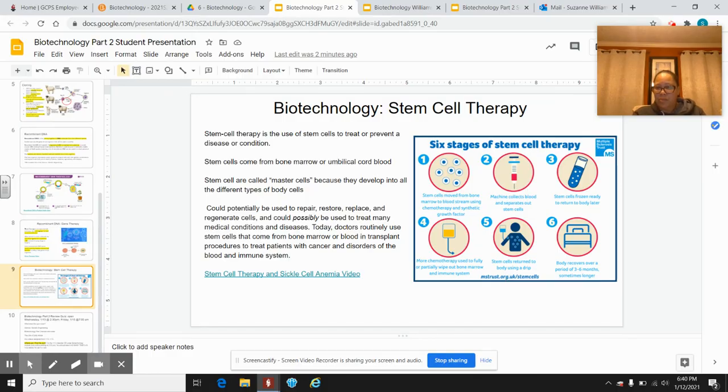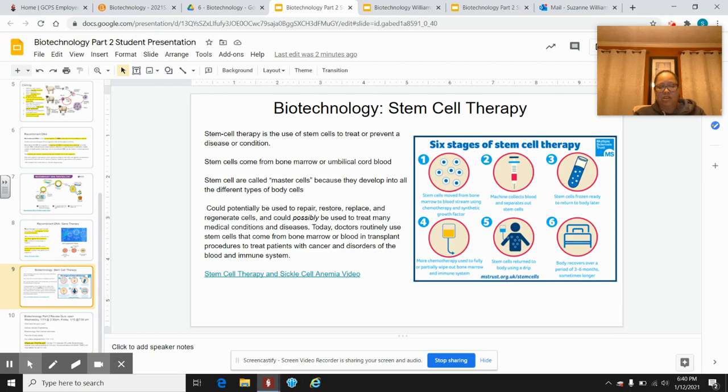After babies are born, mothers will expel the placenta and the umbilical cord is cut, and that blood is rich in stem cells. So those are 2 places where we can harvest stem cells for stem cell therapy. One of the more important studies they're doing is with sickle cell anemia, treating it.